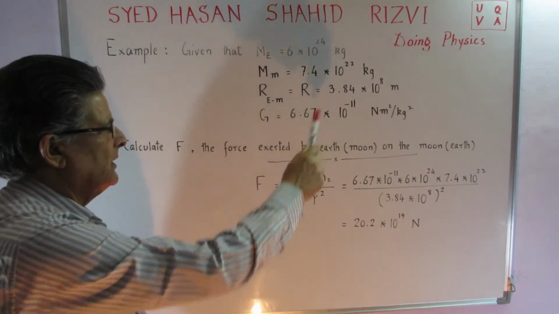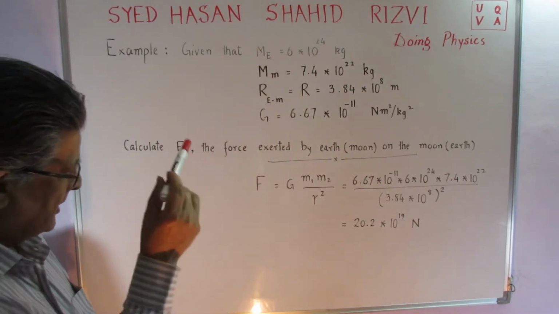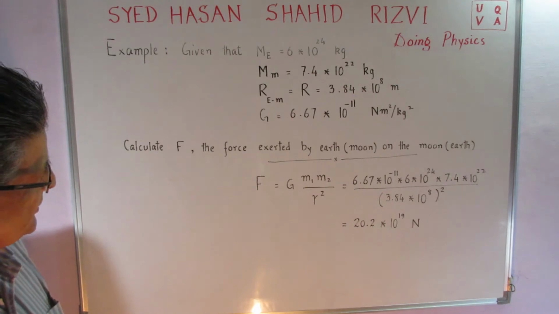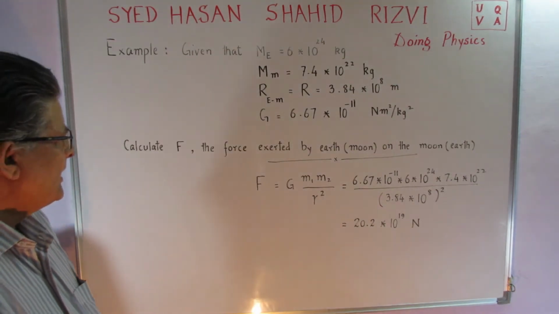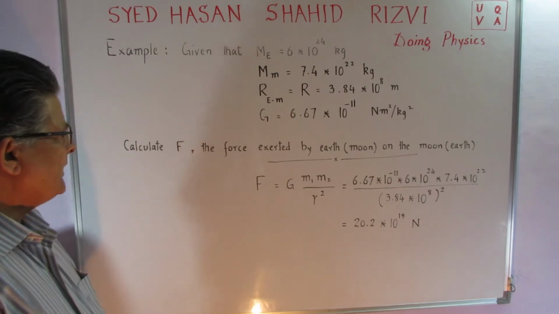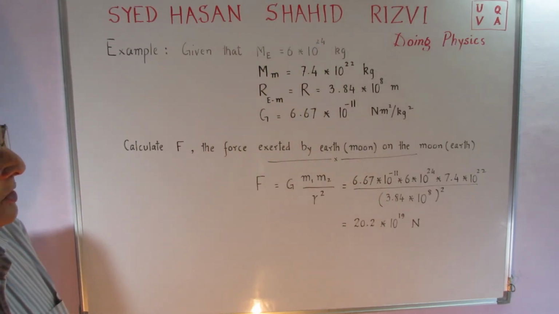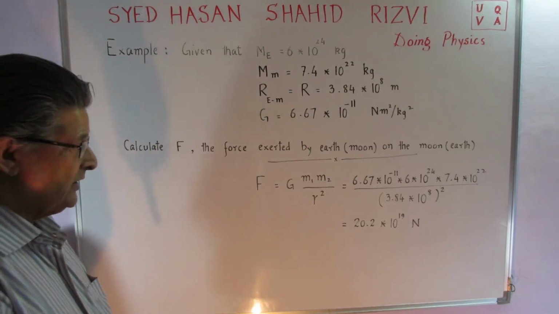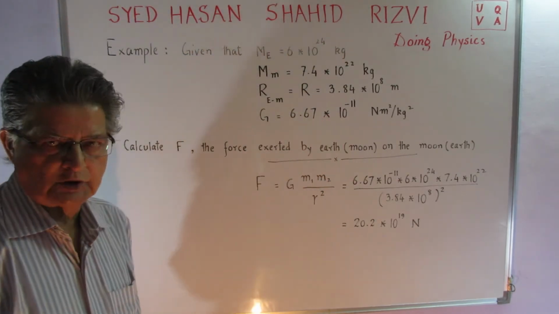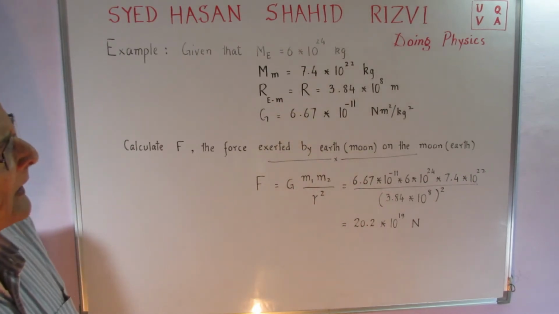Capital G is like that, the value I am giving to you, so that it comes to your brains time and again. Now the question is very simple. Calculate F, the force exerted by Earth on the Moon, and equivalently by the Moon on the Earth. The two forces are equal and opposite: F12 is equal to minus F21.